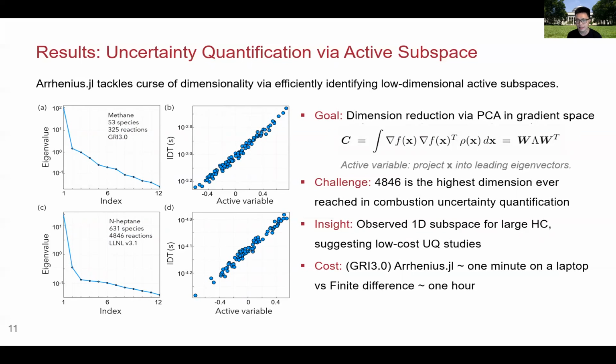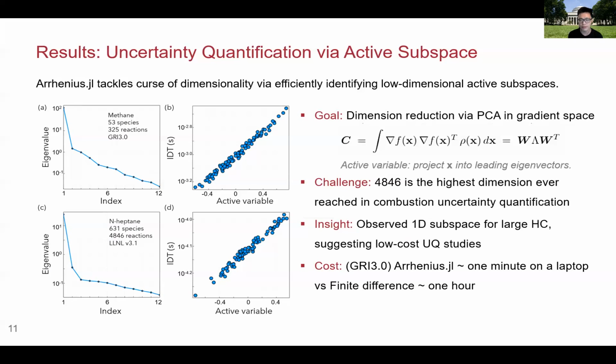It seeks the low-dimensional subspace by doing principal component analysis in the gradient space, so that we can do the uncertainty quantification within this low-dimensional subspace, which is much easier. The major challenge with the active subspace method is how to efficiently compute the gradients.